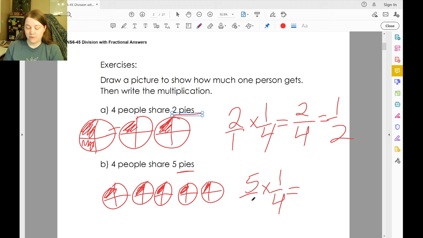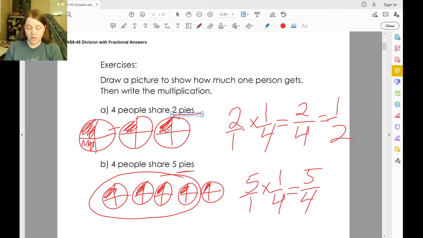When I put 5 over 1, because that's how you turn a whole number into a fraction, 5 times 1 is 5, 1 times 4 is 4. So this means that these 4 pie slices will make 1 whole, and I'll get 1/4 of a pie as well. So my total pie that I'm walking away with is 1 and 1/4.